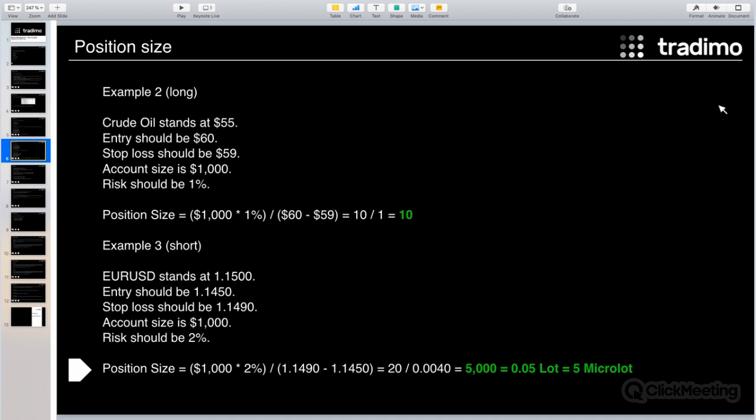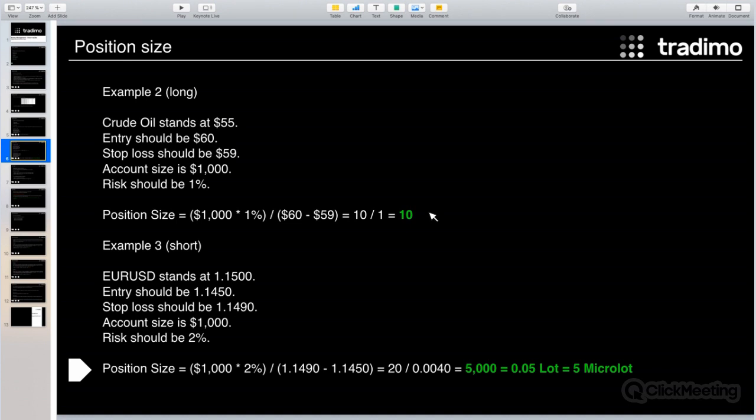The Q is not clear to me. And the entry and stop loss, this is just hypothetical. So you can ignore these numbers. It's just the base for the calculation here. So I just wanted to show you the calculation.